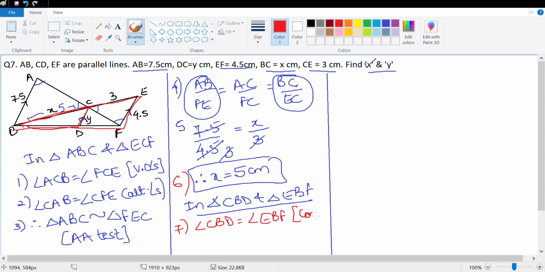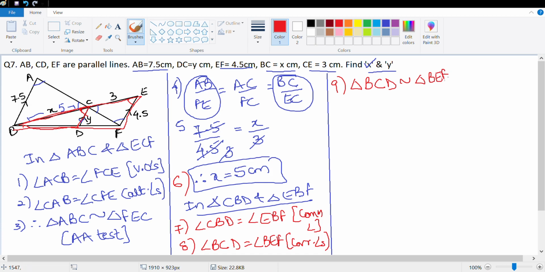This is common angle. And the last one being angle BCD would be equal to angle BEF. These are corresponding angles. So that means triangle BCD is similar to triangle BEF by AA test.